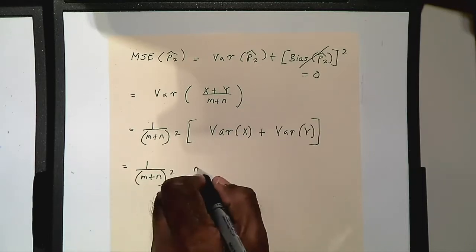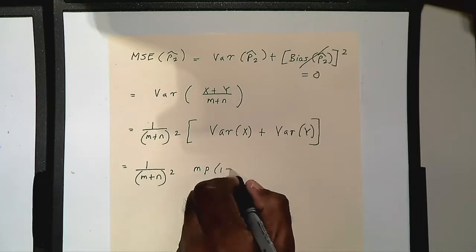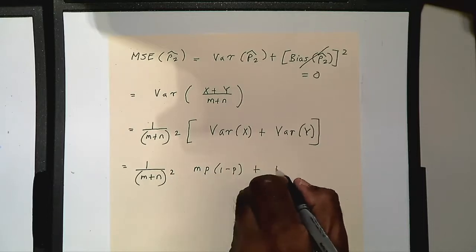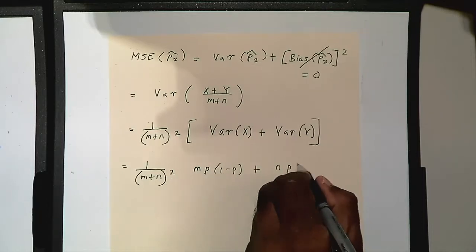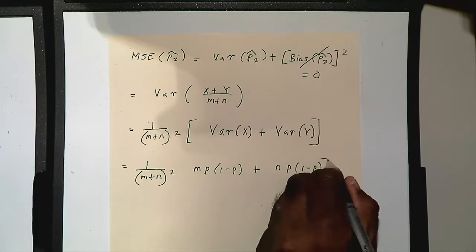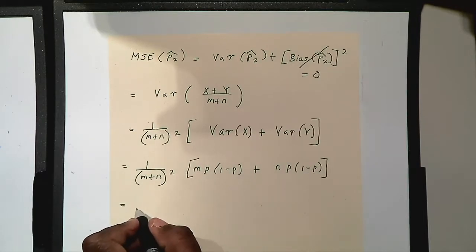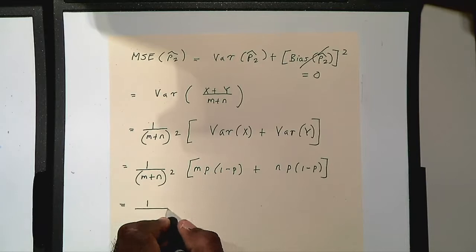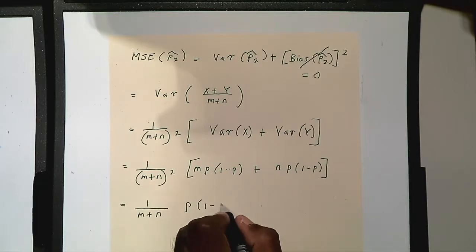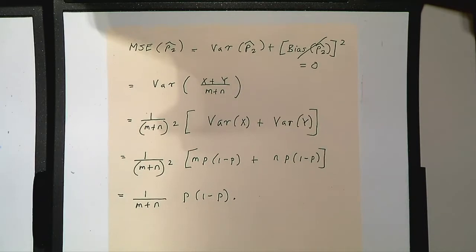Variance of x is m p 1 minus p, and for y it is n p 1 minus p. Simplifying, you get 1 divided by m plus n times p times 1 minus p. So this is the MSE for the second estimator.